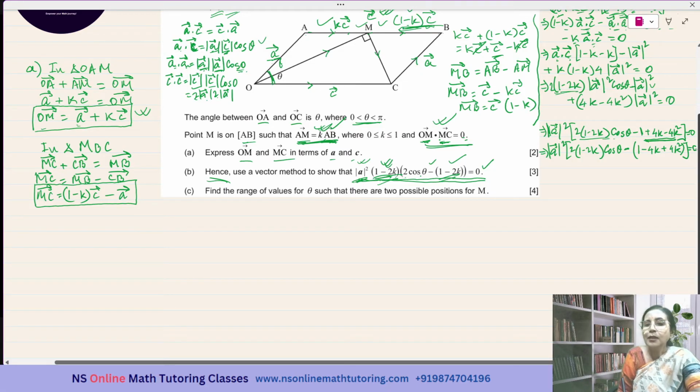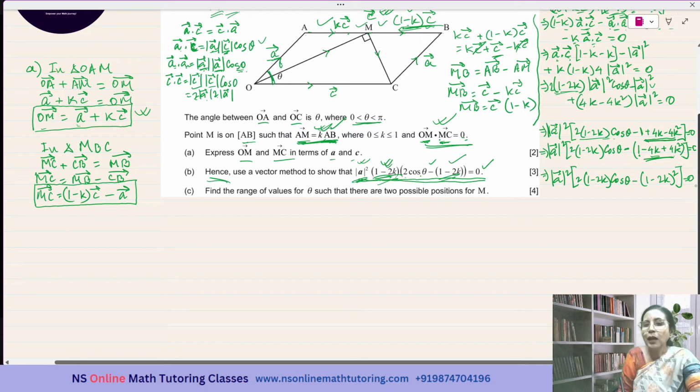So this is 2 times 1 minus 2k cos theta, and this part is now equal to 1 minus 2k whole square, because 1 square and this is minus 2 times 2k is minus 4k and plus 2k whole square is 4k square, equal to 0.